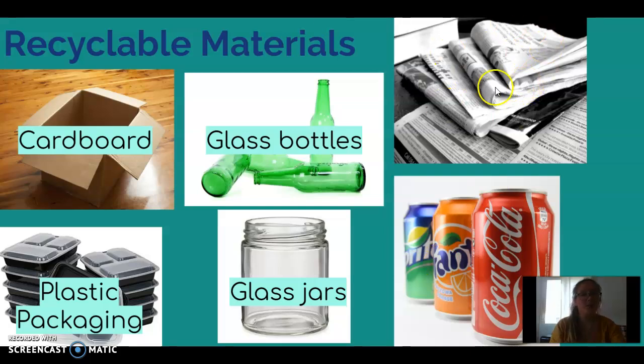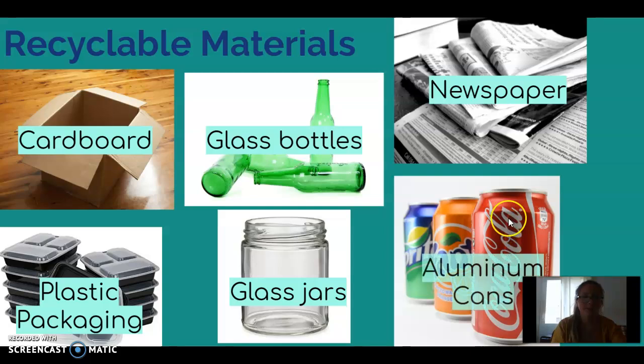Next, up here, we have newspaper. Newspapers are also recyclable. Once you or your parents are finished reading them, you can put them in a recycling bin. Next is aluminum.